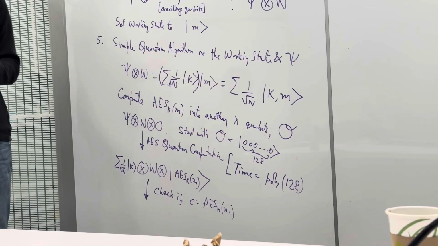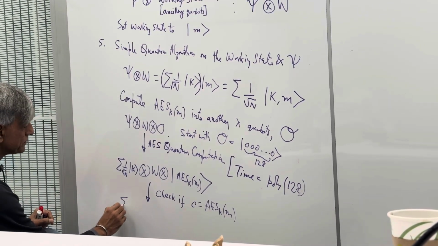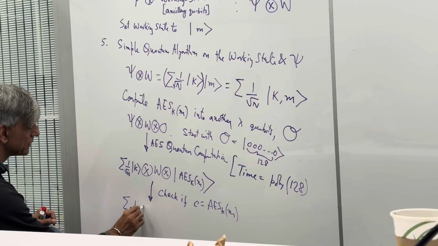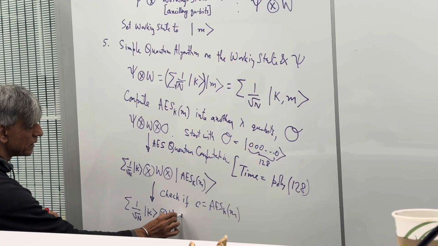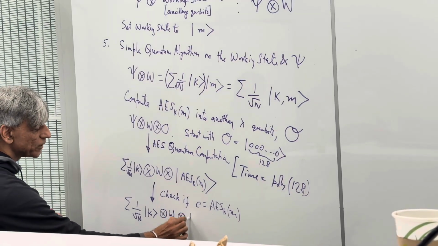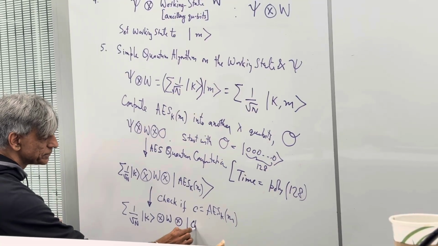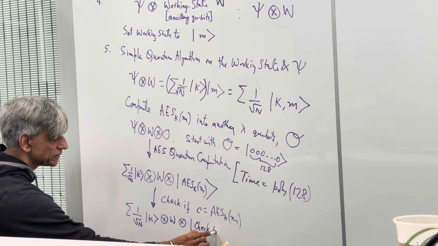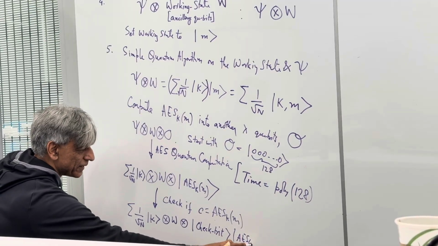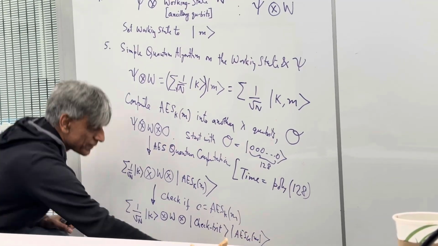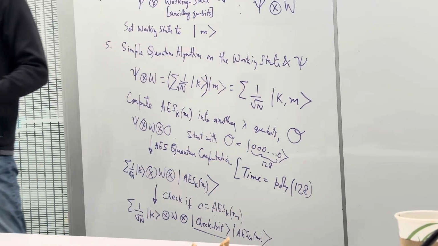So the result will be the bit. So you put it as 1 by square root n, sum over k, w, and this one you can call the check bit. And then there is of course the AES K of M. But this is the most important thing. We can literally ignore these qubits now.